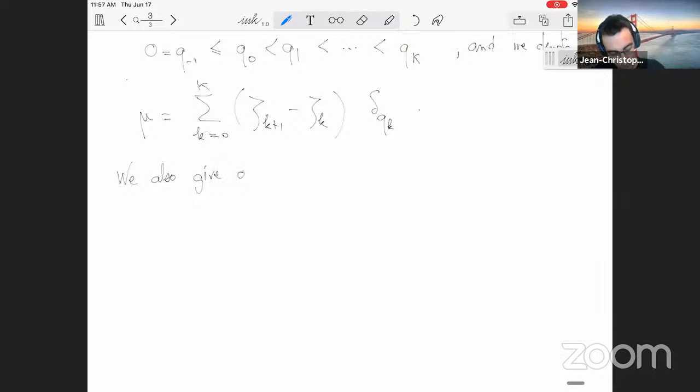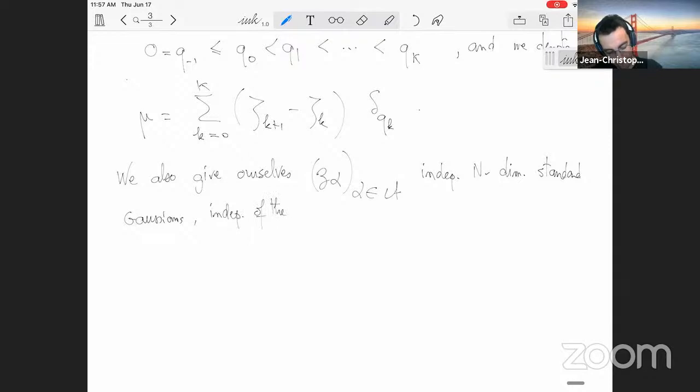So we also give ourselves Z alpha, independent n-dimensional standard Gaussians. They are independent of everything else, which means independent of our energy Hn of sigma.